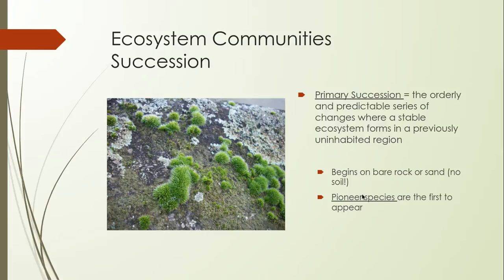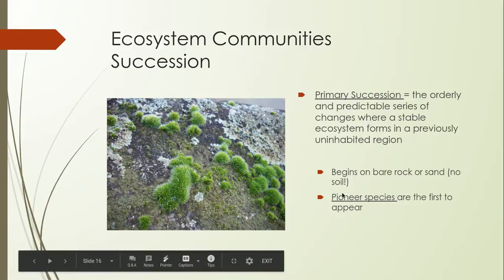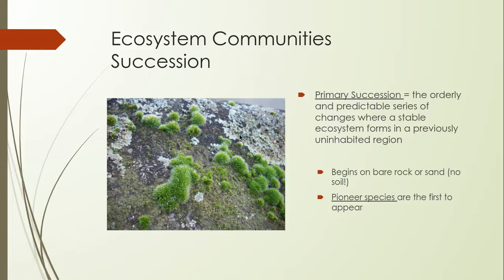Now, in order for primary succession to occur, the first thing that has to happen is we're going to start to see what are called pioneer species. Think of pioneers: these are the ones that arrive first. So in the picture here, we can see that we've got this stuff here called lichen, and these are mosses, and these are oftentimes pioneer species that are able to come in and start to weather and break down that rock and begin to form what will be soil.